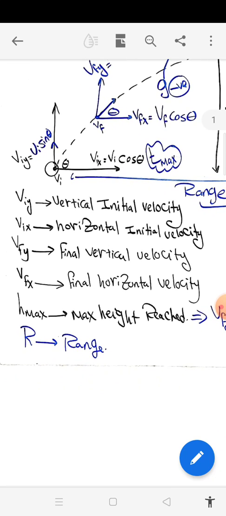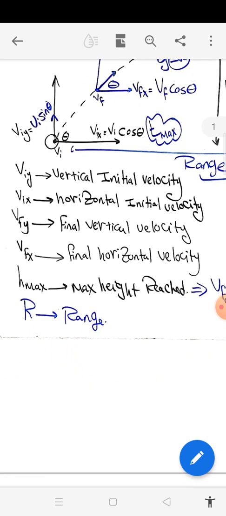For the vertical component, the initial vertical velocity v initial y equals v initial times sine theta.